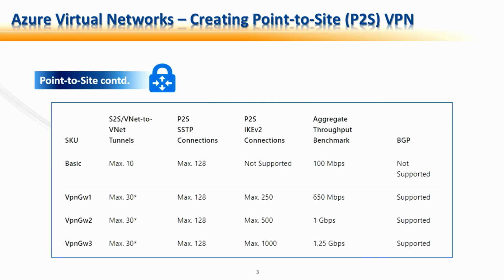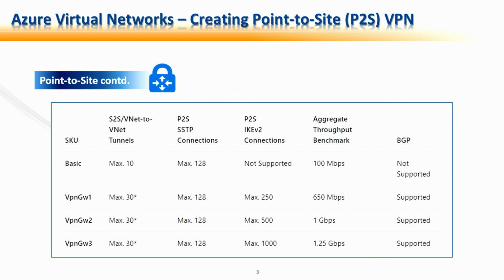VPN GW2 and GW3 are similar to VPN GW1 in many ways. They support a maximum of 30 S2S or VNet to VNet tunnels, and for point-to-site SSTP connections, a maximum of 128. So this remains constant for all the available SKUs.